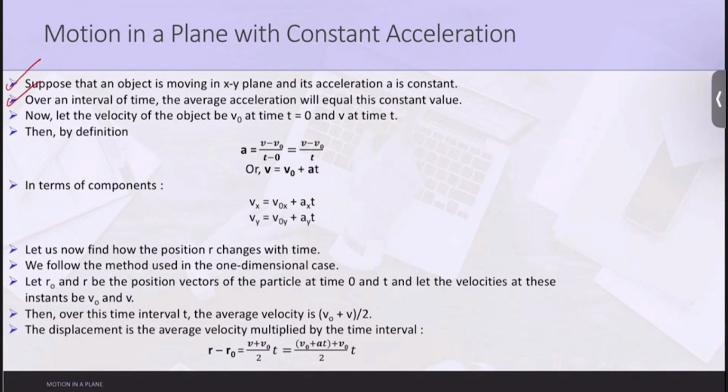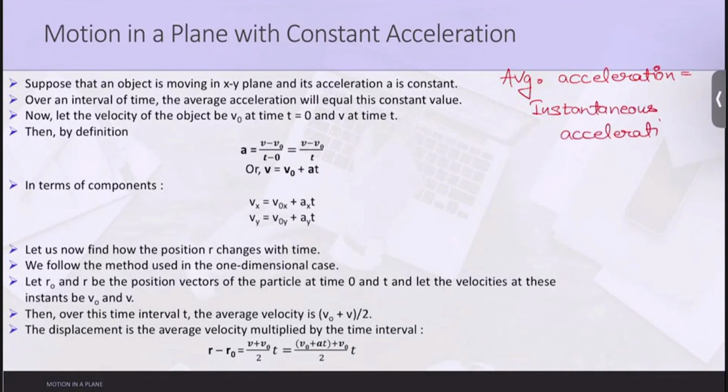This was also understood in motion in a straight line: if the acceleration is constant, then the average acceleration is equal to this value. So average acceleration is equal to instantaneous acceleration for the case of constant acceleration.